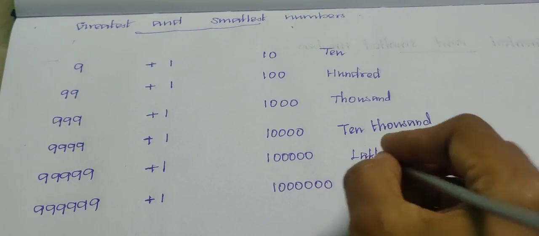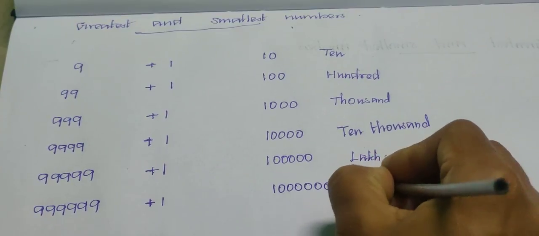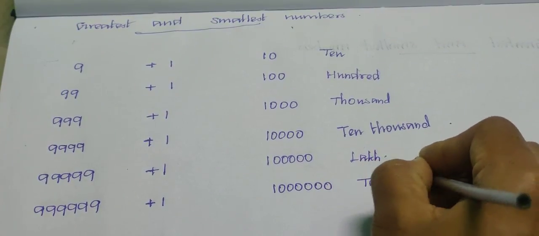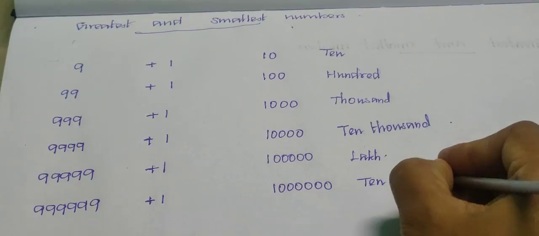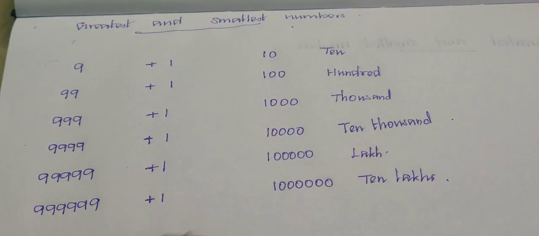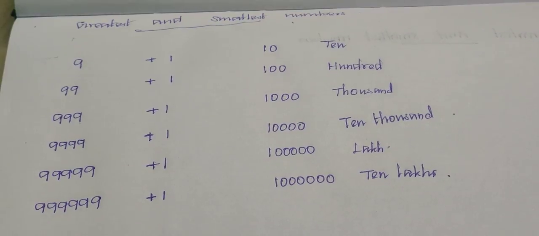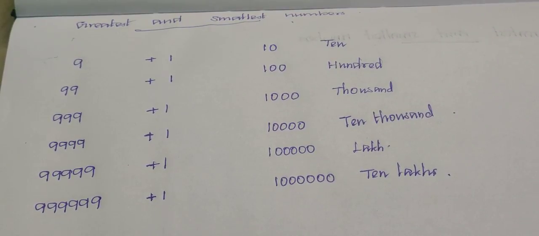Write the spelling: TEN LAKHS. 10 lakhs is the smallest 7-digit number.